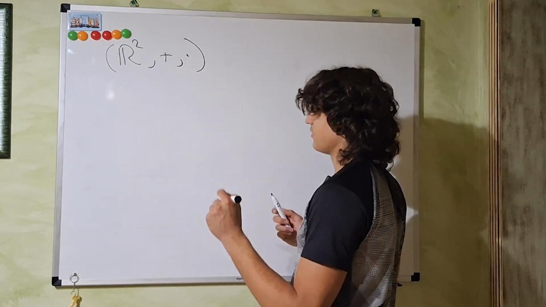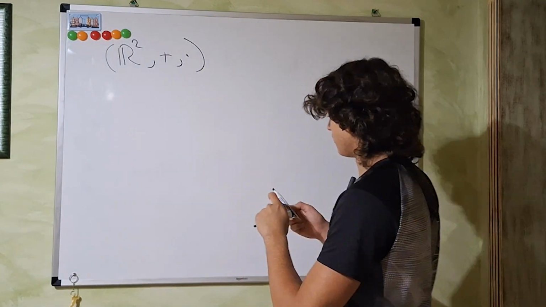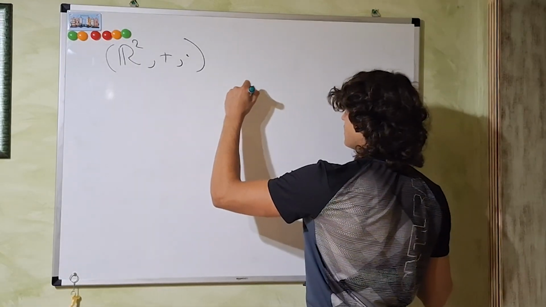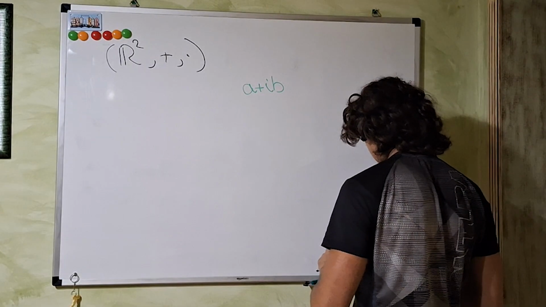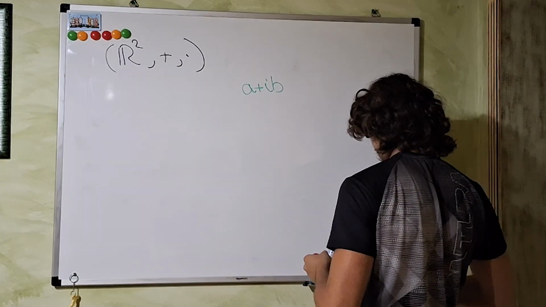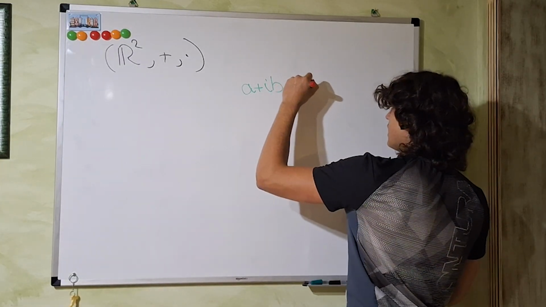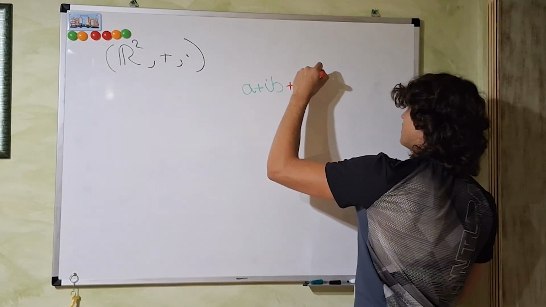So let's start. Firstly, if we have two complex numbers, there is a rule of addition. Let's say a plus ib, plus the second complex number, c plus id.